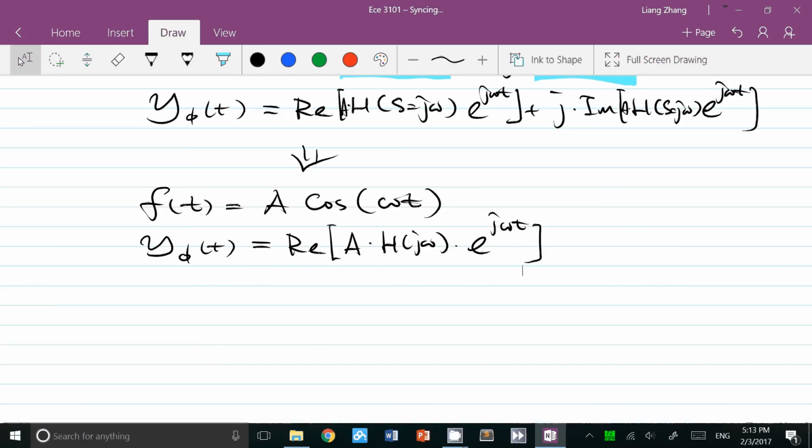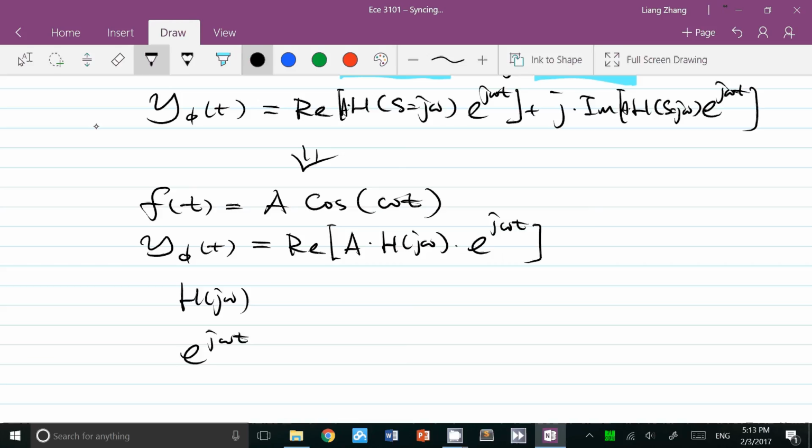Then the question is, how can we simplify the calculation of this? Now we're dealing with complex numbers because of the j's. There are two of them. This is one of them. This is the other one.